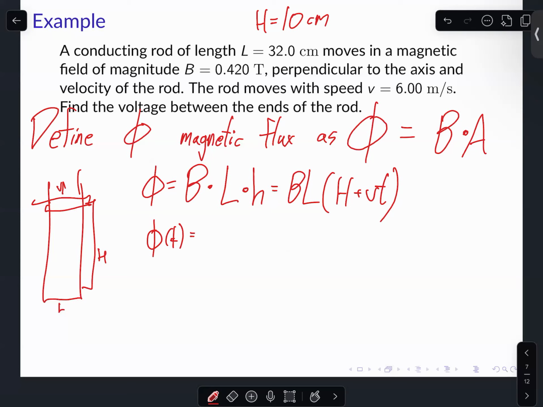Simplify it. Okay, I give you B, I give you L, I give you H, I give you V. Plug in and simplify. You can do this.